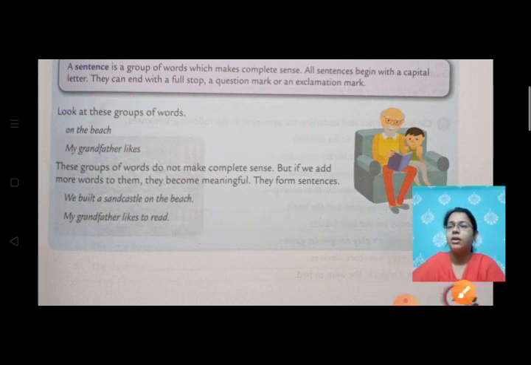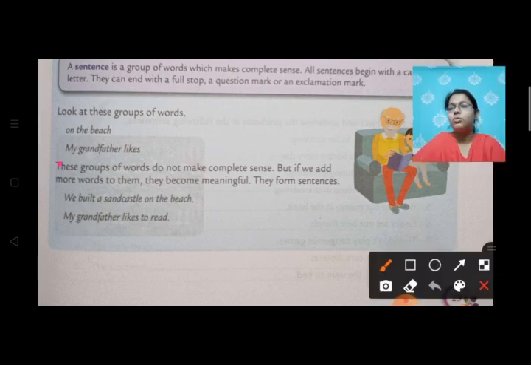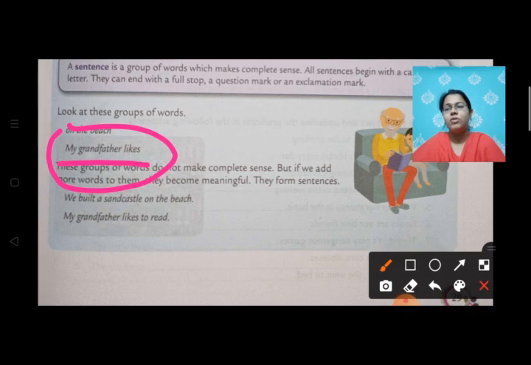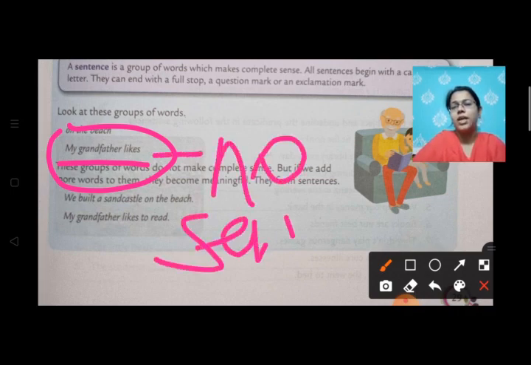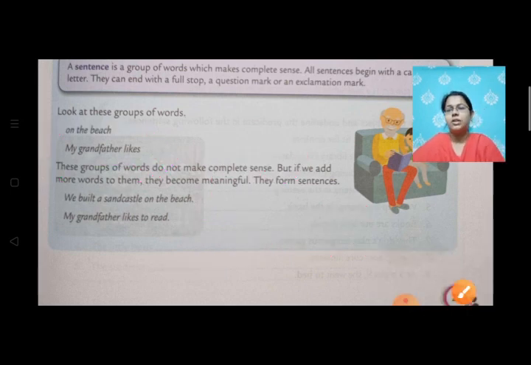In the same way, my grandfather likes. Here also students, we have 3 words, but we cannot understand what it is trying to say. These 3 words form a group of words, but it does not have any sense.